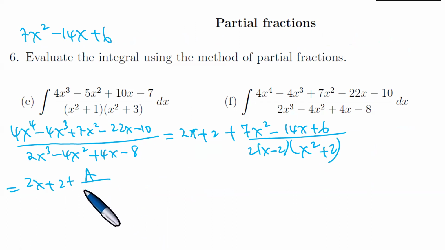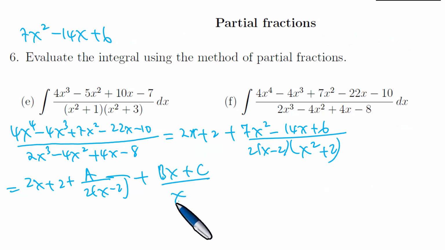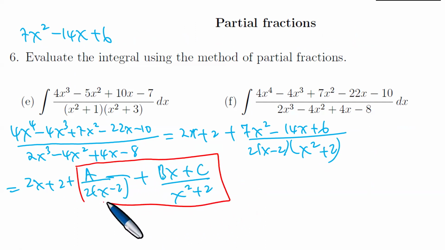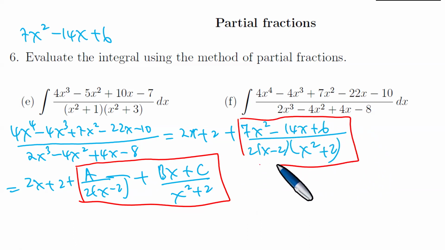Meaning you have this one, and then you continue with the partial fraction decompositions. It's going to be A over 2x minus 2. Then you add Bx plus C over x squared plus 2. Like we said, we're going to deal with this one, and also simultaneously deal with this one here.